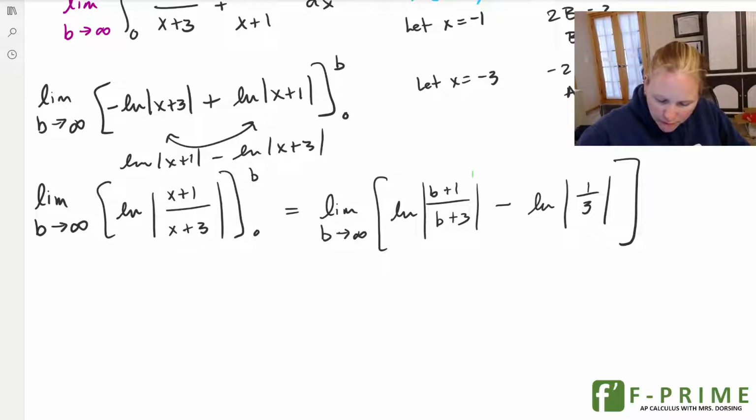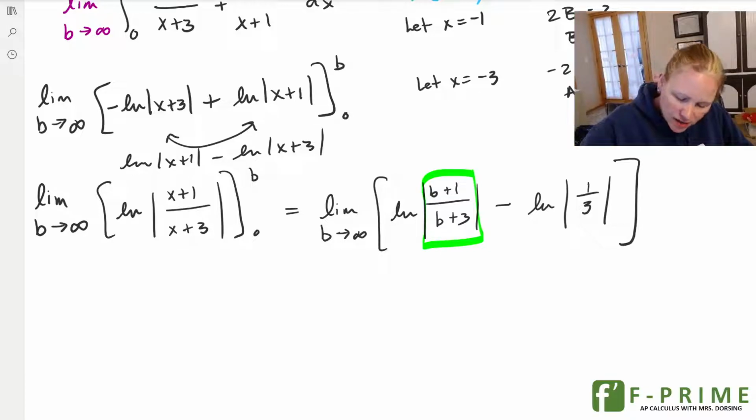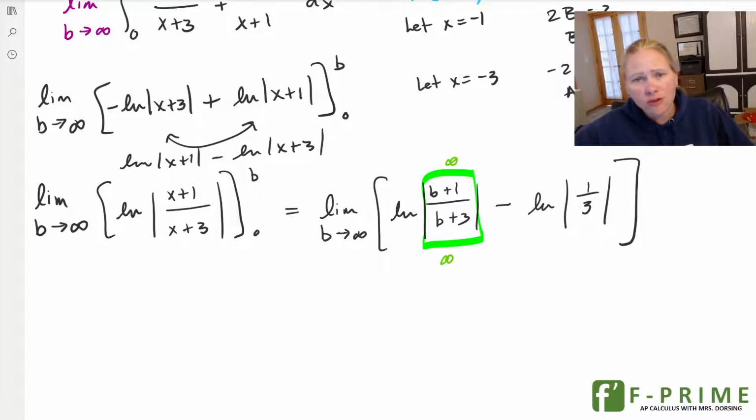When I put infinity into this little spot, I end up getting infinity over infinity, which, you guys, is an indeterminate form. So I'm going to kind of L'Hopital my way through the middle here, because one of the things I want you to understand is that when you have a function inside of another function, you can evaluate the inner function's limit and use that to find the outer function's limit.